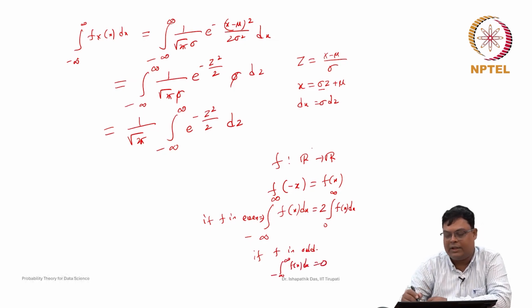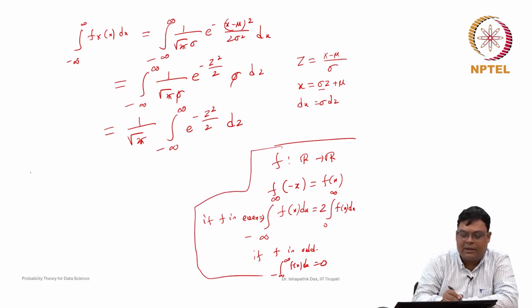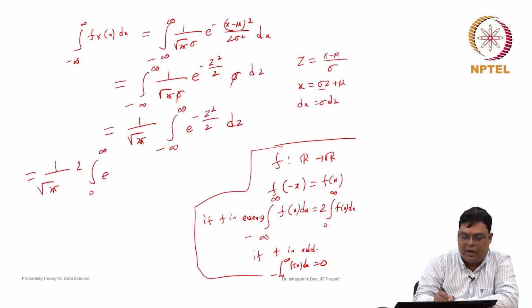You can check all these things, this is part of the mathematics courses you have learned somewhere. So, since it is an even function, we can write 1 by root 2 pi into 2 into integral from 0 to infinity of e to the power of minus z square by 2 dz.